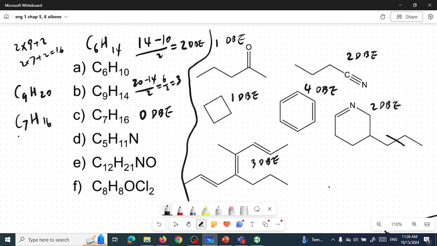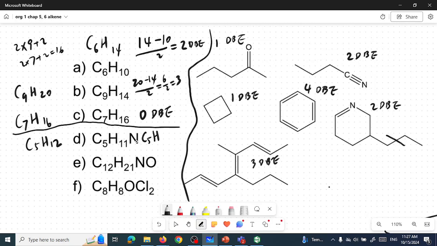In D, there are 5 carbons. If it's a saturated version, the hydrogen number will be 12, 2 times 5 plus 2. Now this molecule has 11 hydrogens and also a nitrogen. So the effective number of hydrogen of this actual molecule is C5H11 minus 1.